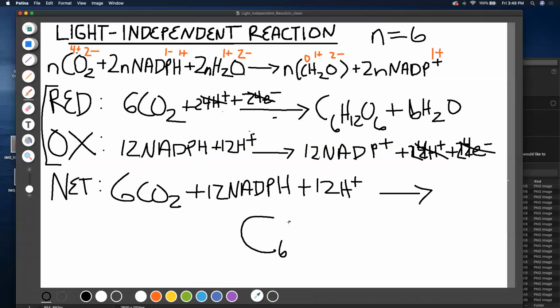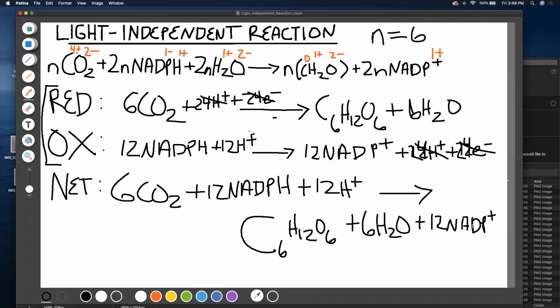So it goes to C6H12O6 plus 6H2O plus your 12 NADP. So this should be balanced with the charges.